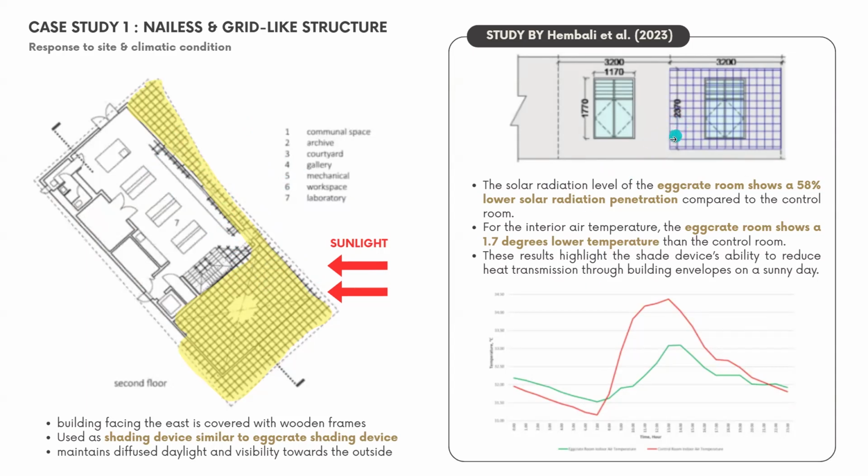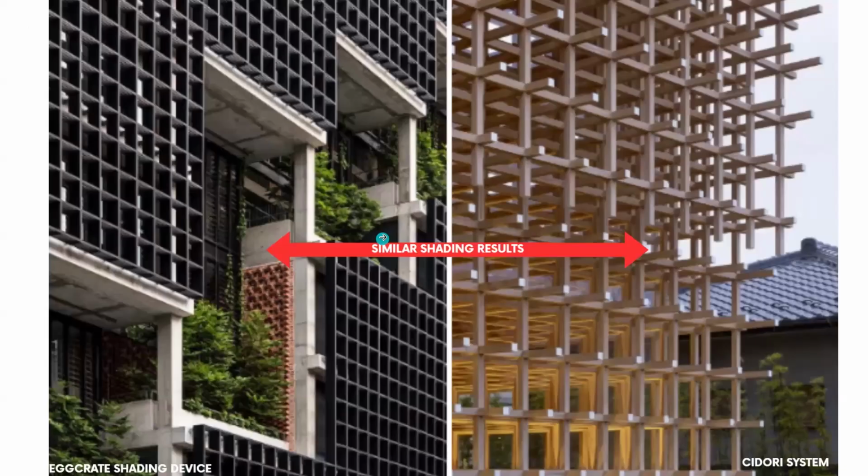From this study, it shows that the egg crate room has 58% lower radiation penetration compared to the normal one without the egg crate. This egg crate room also shows a 1.7 degree lower temperature. So in conclusion, this egg crate shading device is effective in providing sun shading and lowering the temperature of the indoor spaces. You can see this is an egg crate shading device, and also see the Sidori, which gives a similar effect for the case study.